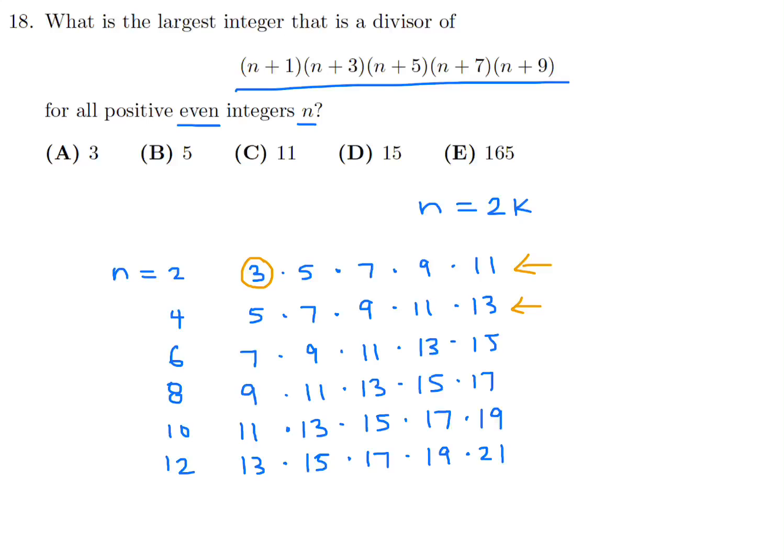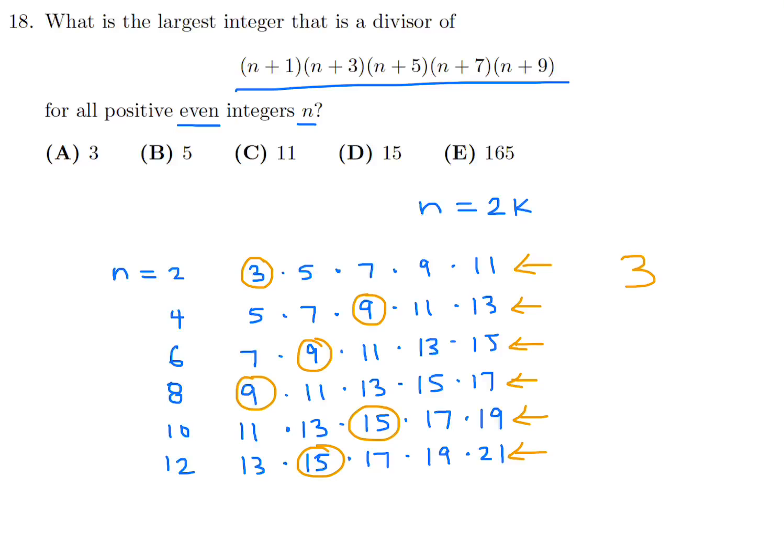So that means 3 must be a multiple of this one here. 3 is going to be a multiple of that one as well because 9 appears. Again here. Here we don't have a 3, but we have a 15. That's divisible by 3. And similarly, that's divisible by 3. So 3 will definitely be a divisor of any combination of these numbers.